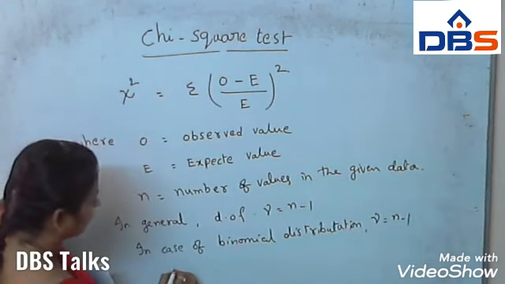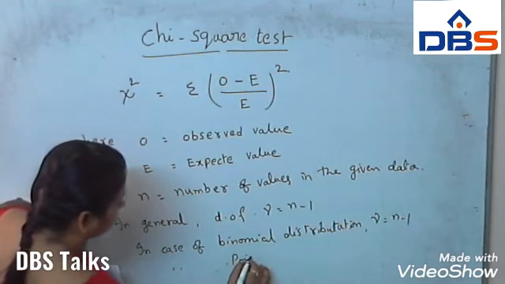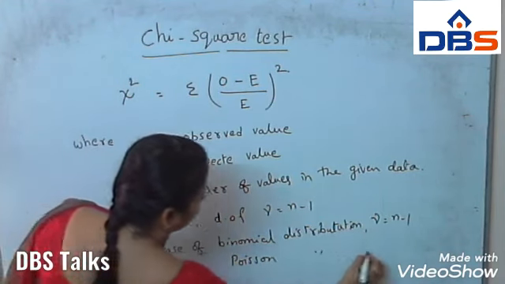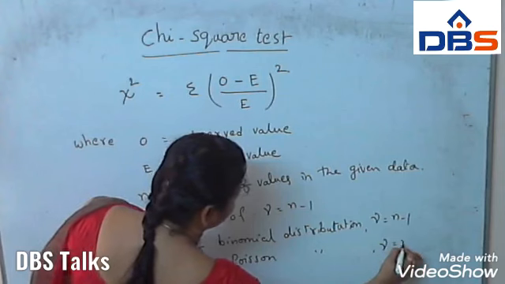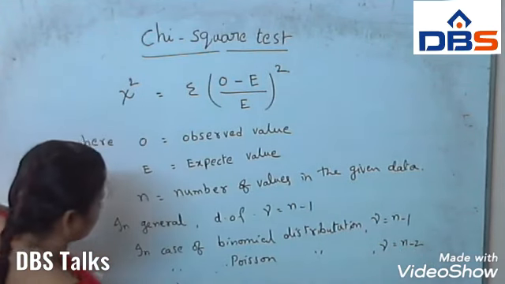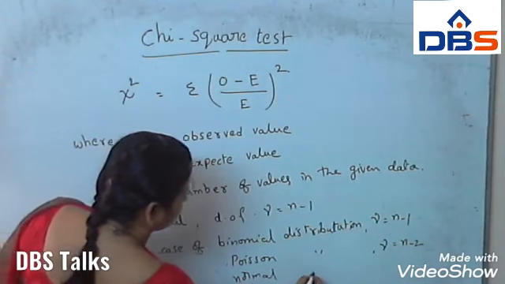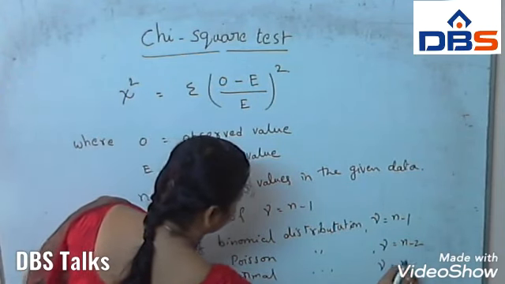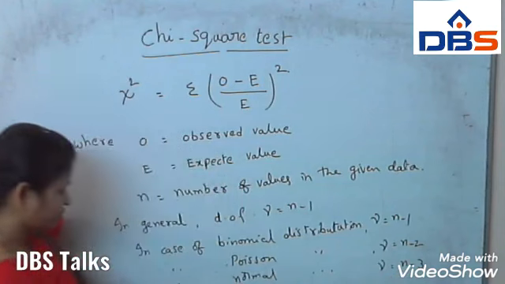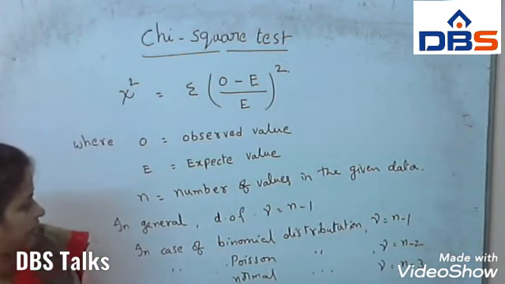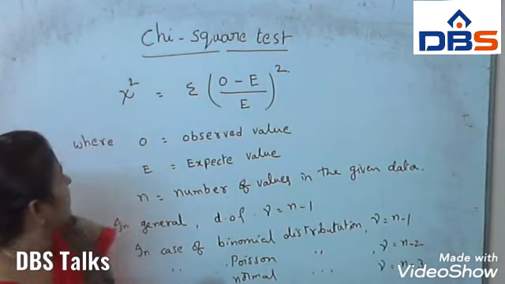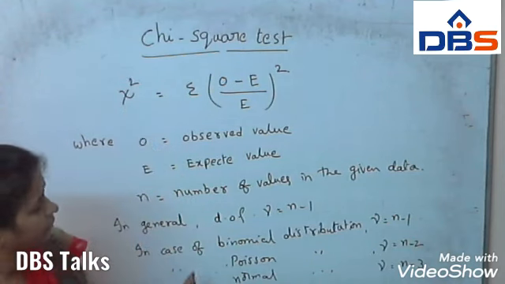In case of Poisson distribution, degrees of freedom nu equals n minus 2. In case of normal distribution, degrees of freedom nu equals n minus 3. So, using these degrees of freedom, we can find chi-square alpha from the table.